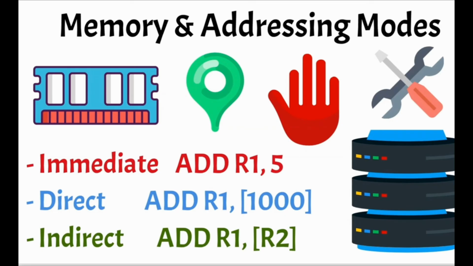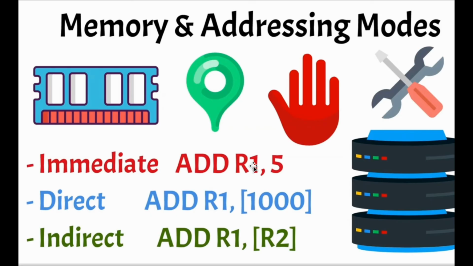Four common addressing modes include immediate addressing, direct addressing, and indirect addressing. For example, in immediate addressing, you might use an instruction like add R1 to 5, which adds the value of 5 directly to the register R1.